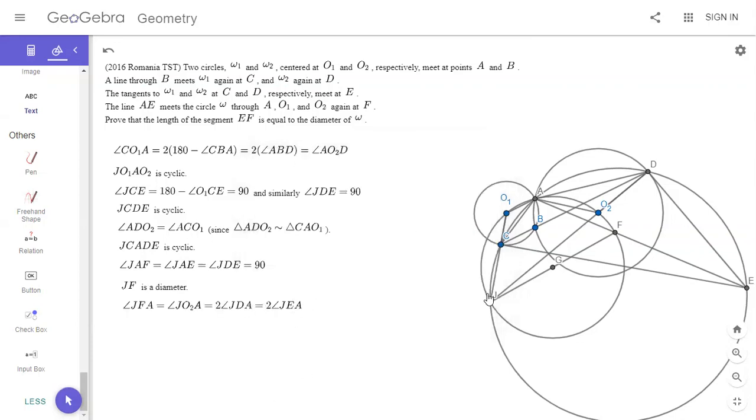Right. So angle JFA is equal to angle JO2A, which is twice angle JDA.